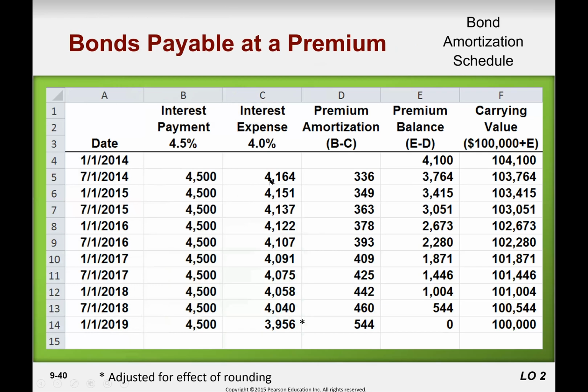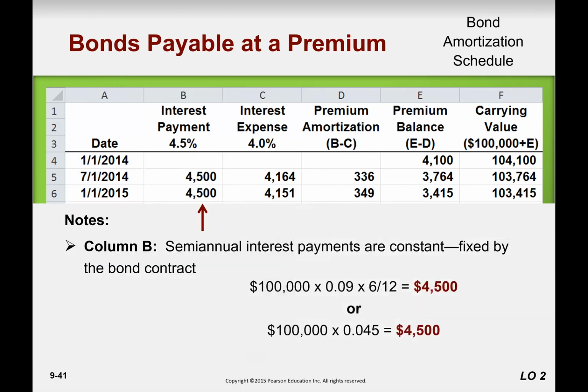So how are we going to make that one? Simple. All the principles are the same, except that the premium is amortized from carrying value. So let's talk about this. This 4,500 is based on the contractual obligation, which is 100,000. So it's 9% annually, so semi-annually 4.5%, 9% divided by 2.